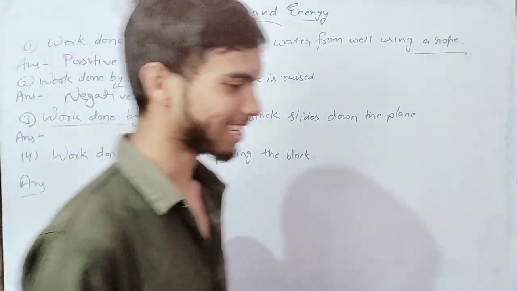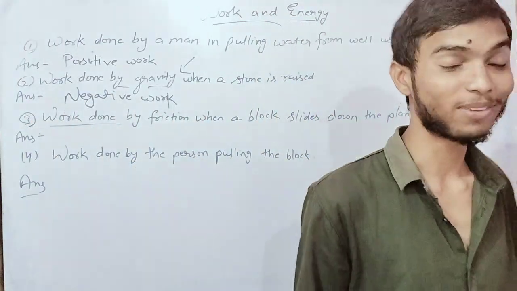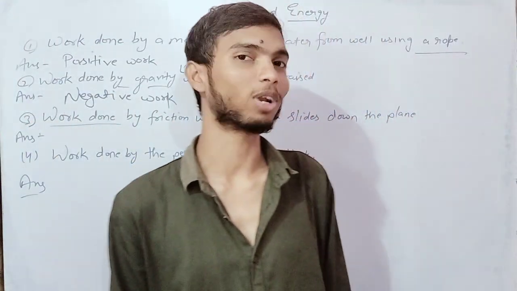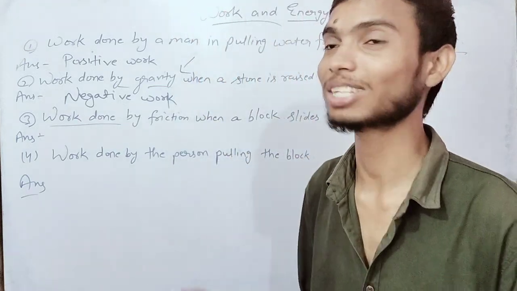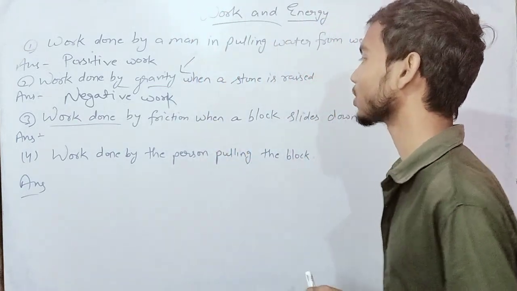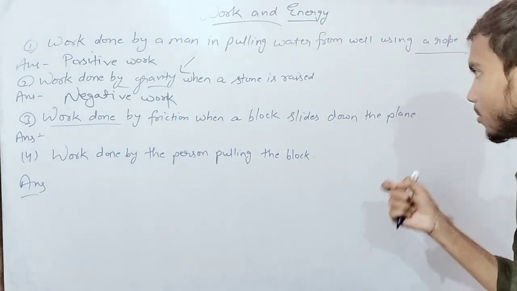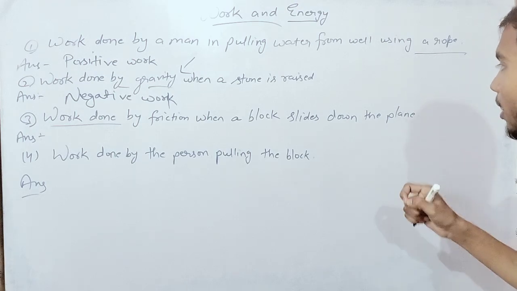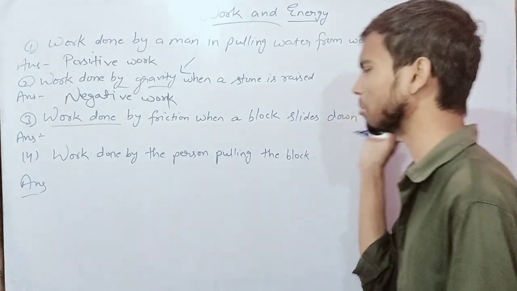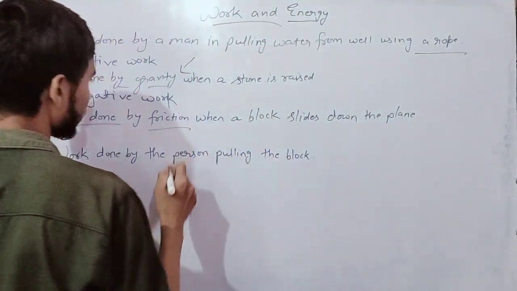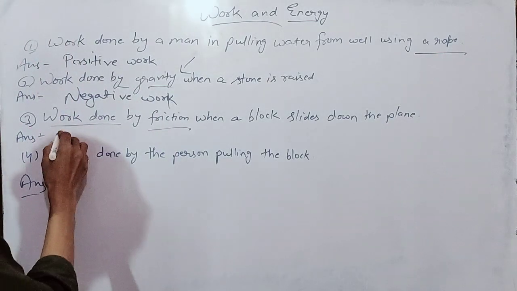Now next is work done by friction. If the word friction is coming, we can easily say work would be negative. Work done by friction when a block slides down the plane. Ignore the rest, only look at this friction. Then easily you can say negative.